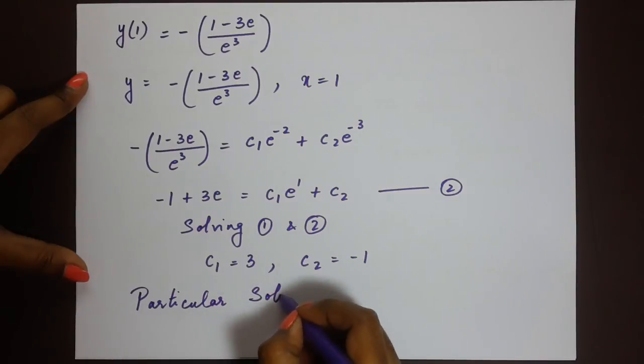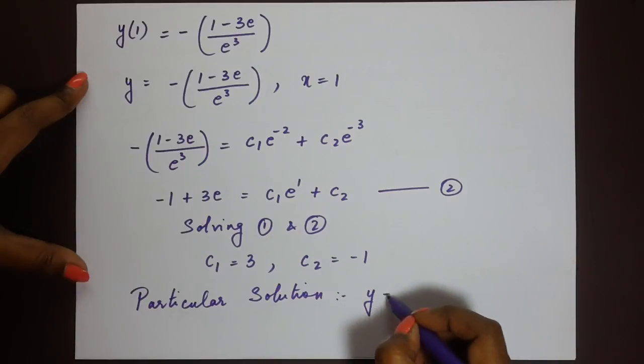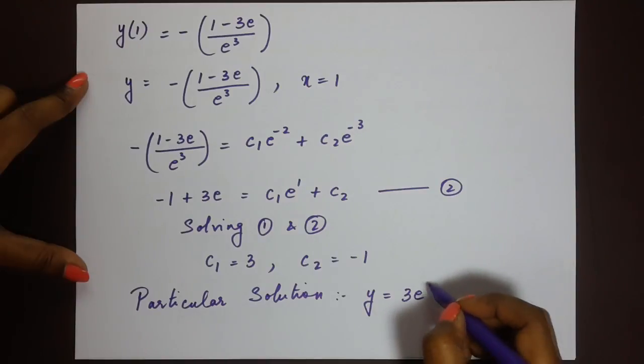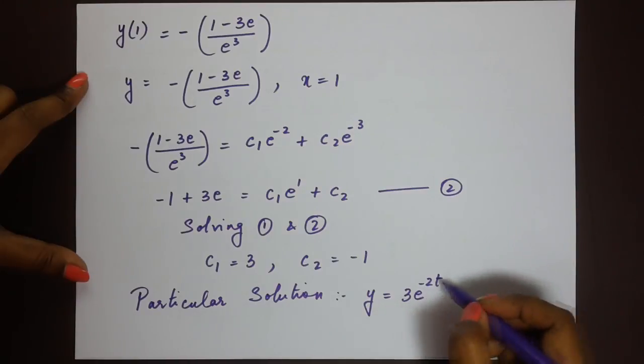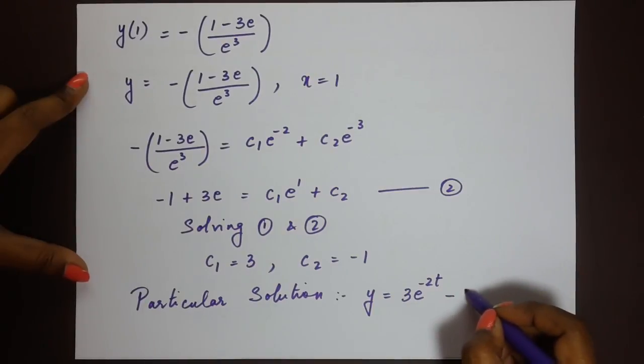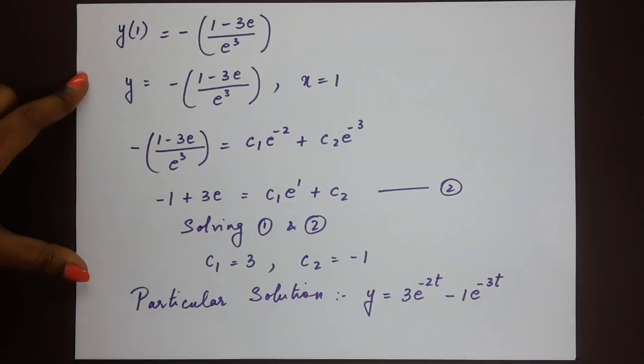Particular solution, which is y is equal to C1 e power minus 2t. So that becomes 3 into e power minus 2t plus C2, so that's minus 1 e power minus 3t.